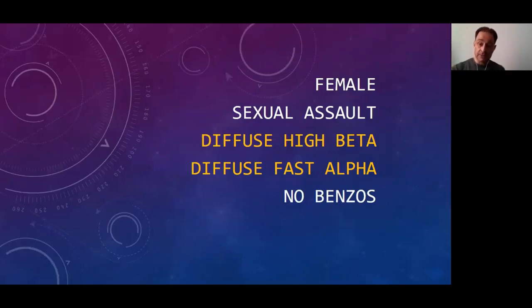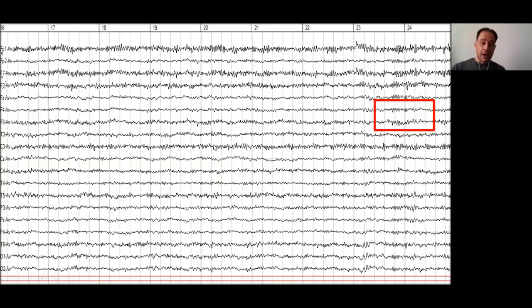So there's no benzos. This is all natural brainwave activity. If you look at the EEG, low amplitude, fast frequency brainwaves. So this is the brainwave pattern of somebody who is hypervigilant.